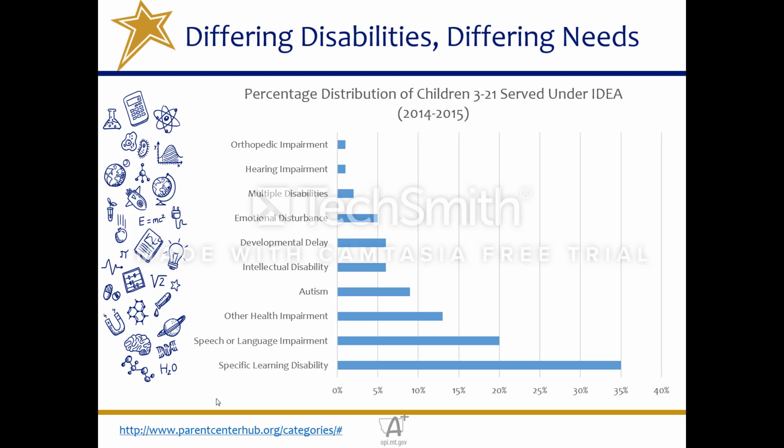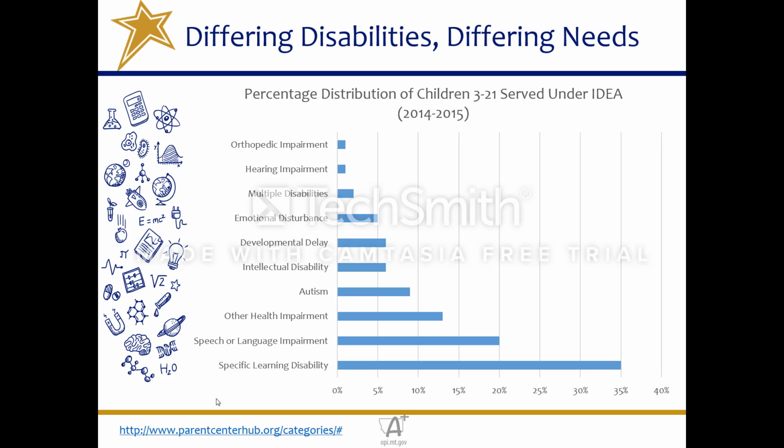These are the main disability categories that make up 1% or more of the disabled student population. Other disability categories include deaf and deafblind, and you'll note that deaf is separate from hearing impairment. Students with traumatic brain injury, and also students with visual impairment, including blindness.